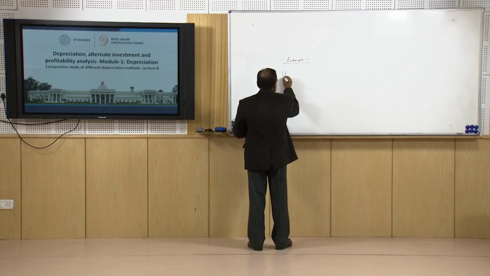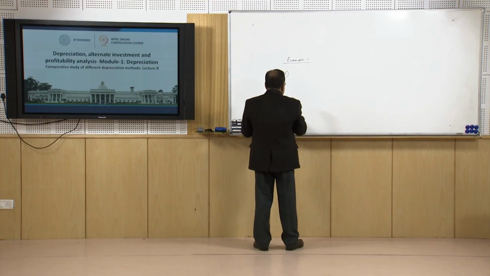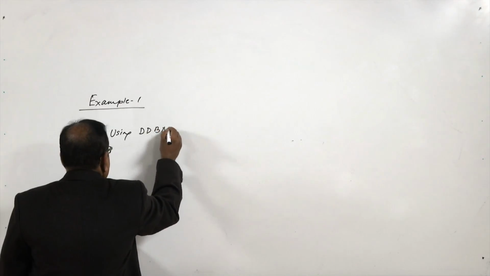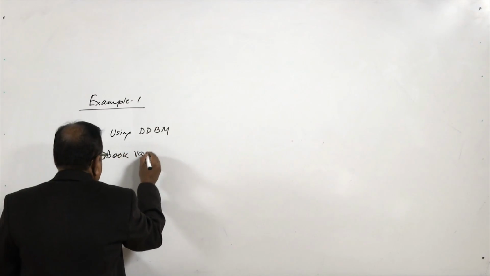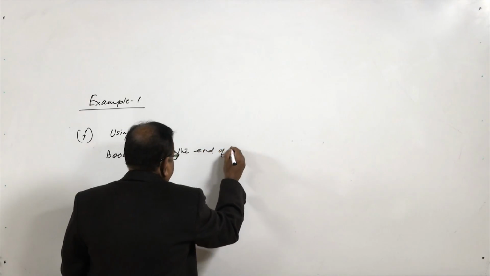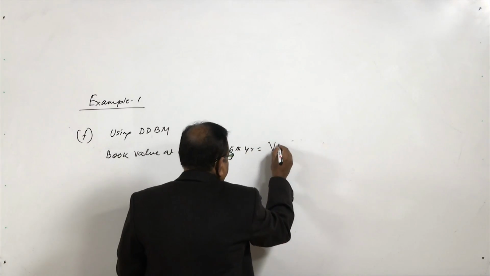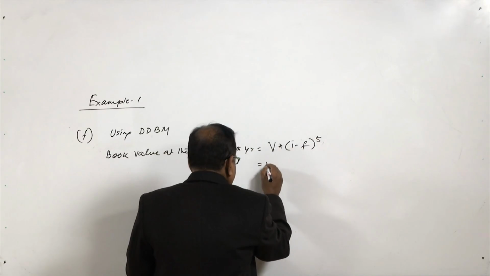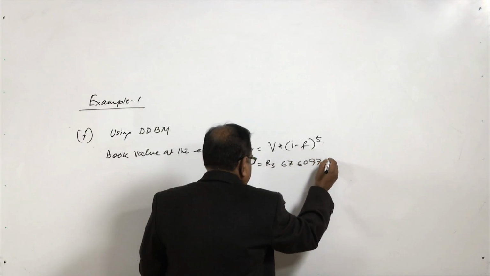Now part F. Using again DDBM, book value at the end of 5th year is equal to V into (1 minus F)^5. This comes out to be rupees 676097.6.